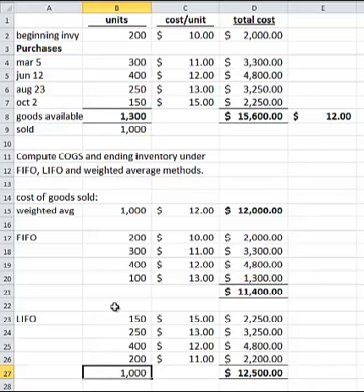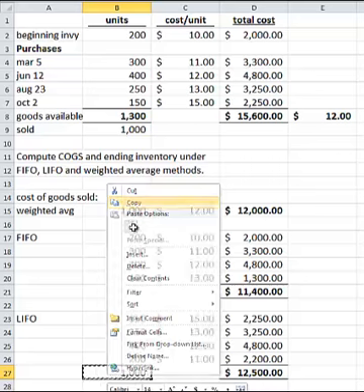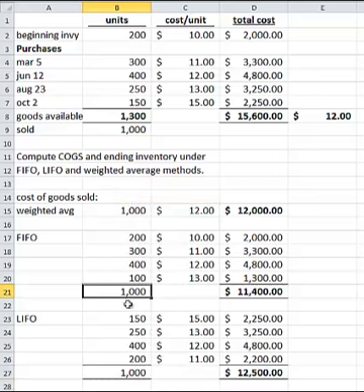Well, I needed to make that 200, didn't I? Alright. So just to prove that that's working, 12,500 after fixing the quantity here, is higher than the other 2 methods. Why is that? Because I picked the later layers, and they were higher cost.